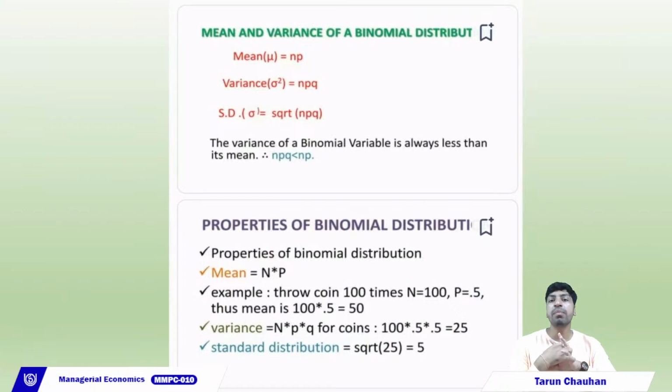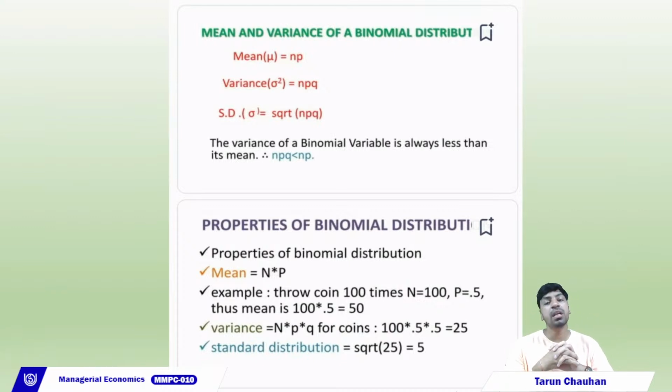Let's talk about the mean and variance of the binomial distribution. This is another theoretical framework where the mean, variance, and standard deviation have been defined, and how to calculate the probability of a binomial using them. These are the formulas given to you.